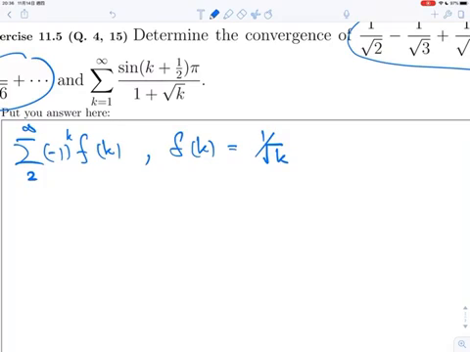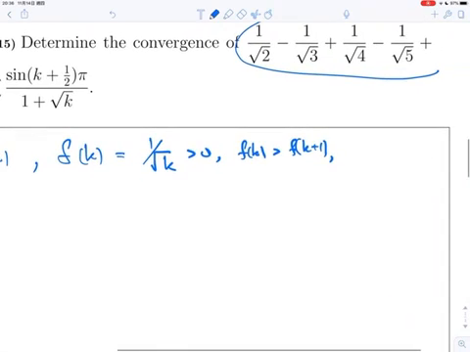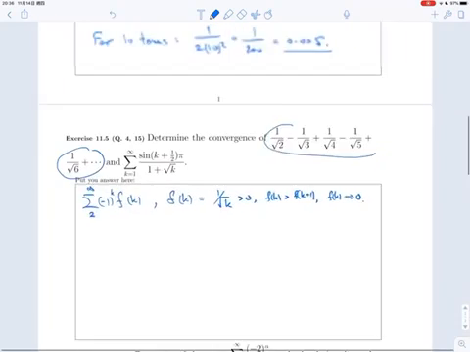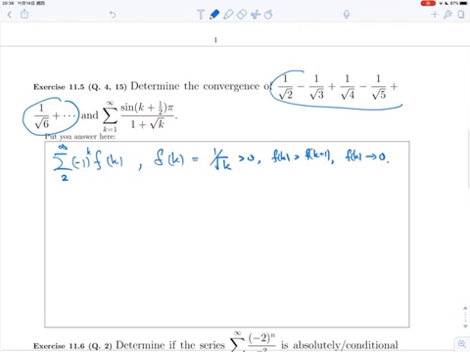And you can see that this is actually decreasing to 0. Well, first, it is positive, and fk is going to be bigger than f of k plus 1, and moreover, fk tends to 0. So it meets the alternating series test.